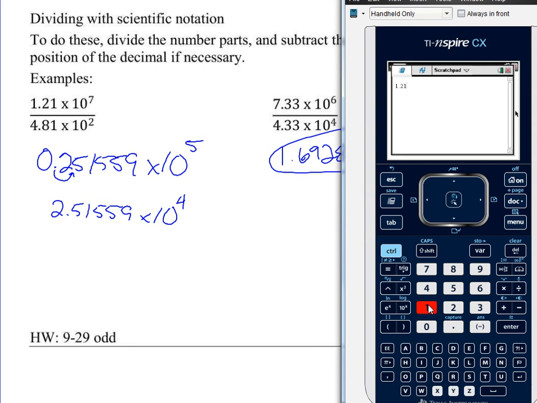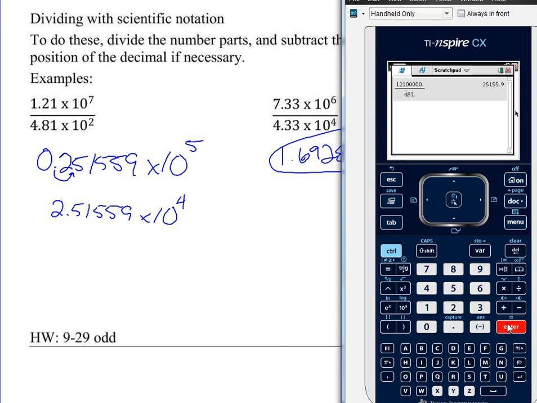The double E button gives me my scientific notation. And then what do I type next? 7. Then divide by 4.81. 2. Yep. And then hit enter.